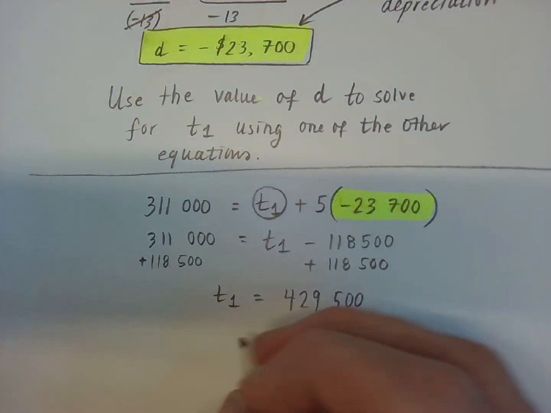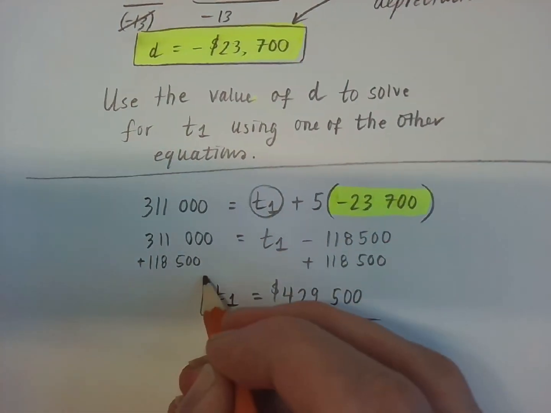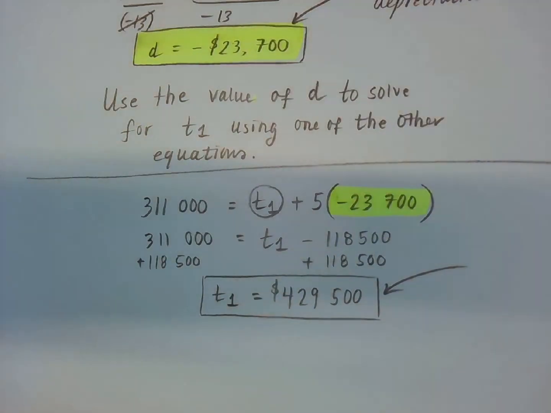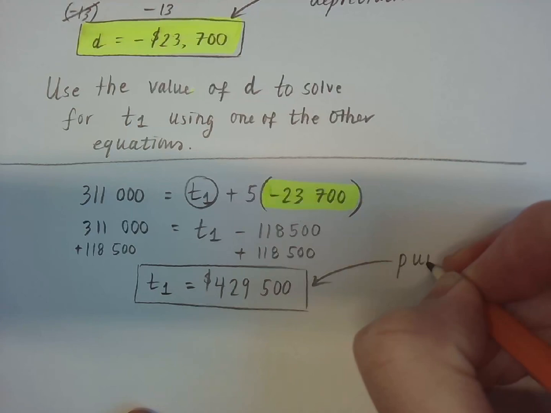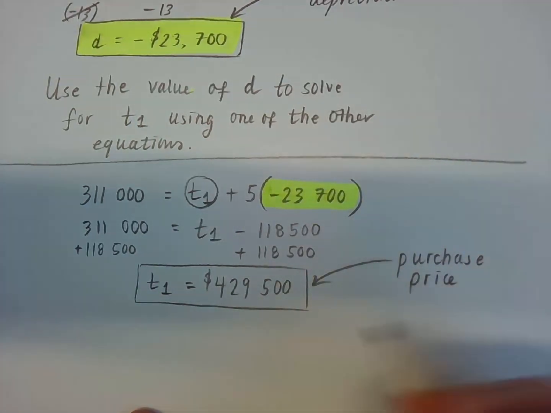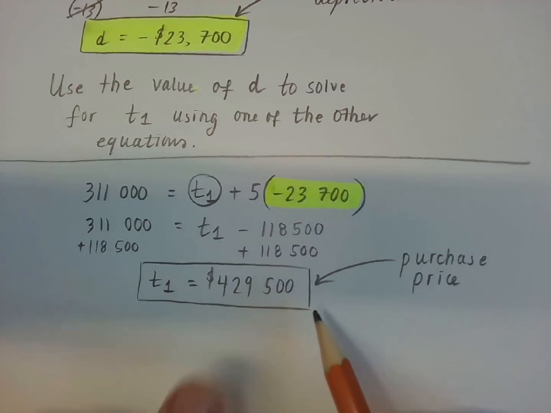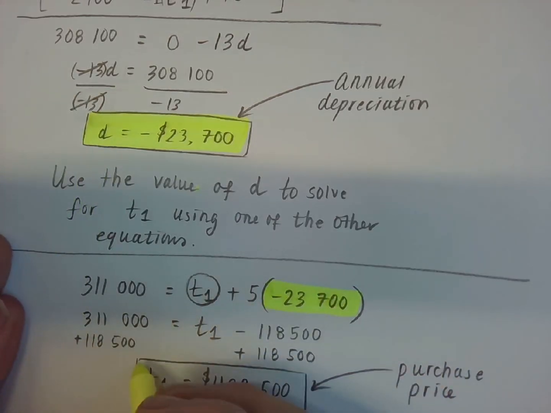So the printing press, the original price, the purchase price, would be $429,500 with this value of depreciation.